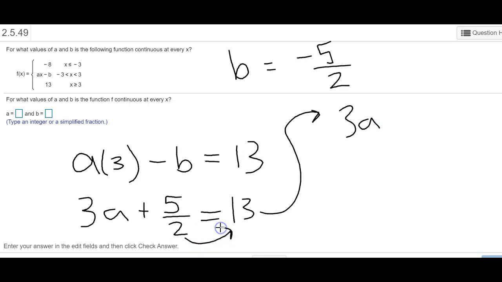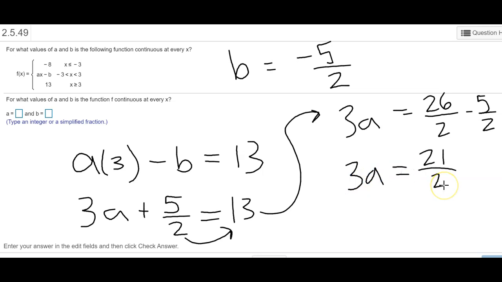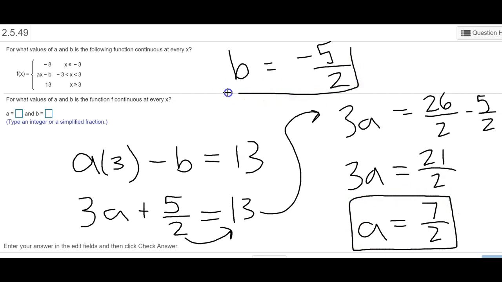If I move this over and subtract, I would have 3a equals 13, which is the same thing as 26/2, and I'm subtracting 5/2, just getting a common denominator. So that's 21/2, and that's 3a is 21/2, and I want 1a, so I divide by 3. So 21/2 divided by 3 is 7/2. So there's my a, 3.5, and my b is -5/2.